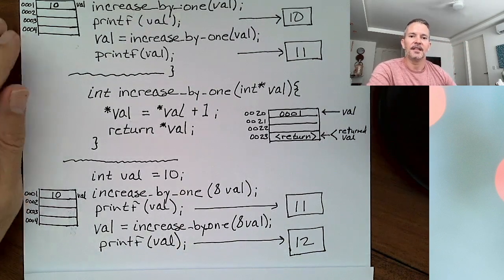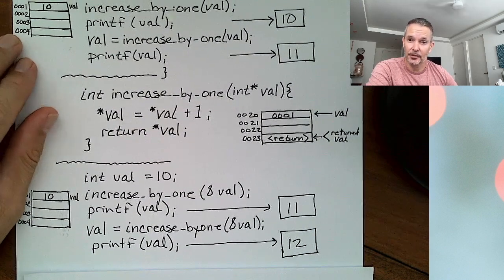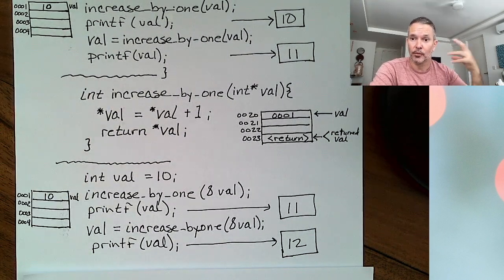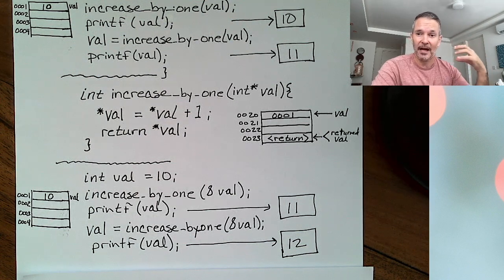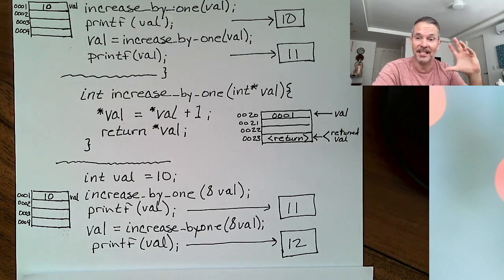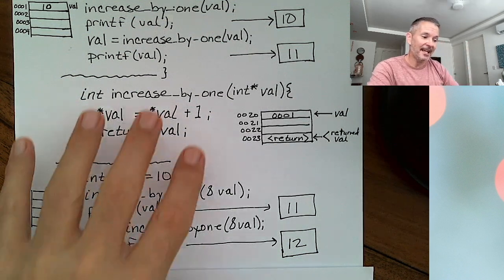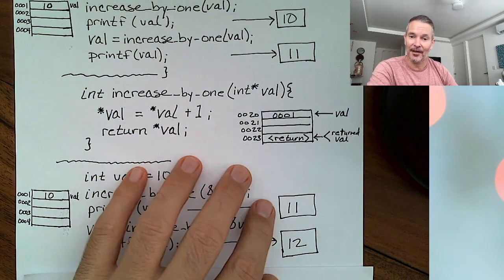So this is the basics of how pointers work. And as we move forward in our programming journey, we're going to make a lot of use of these powerful pointers. They allow us to do some really fancy, interesting things by directly accessing memory inside of a function, instead of always just passing by value.